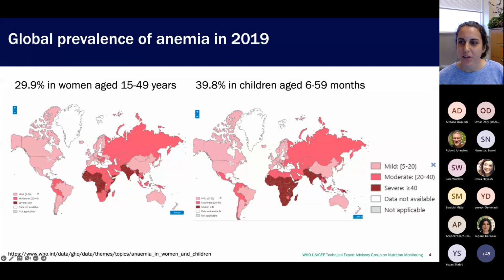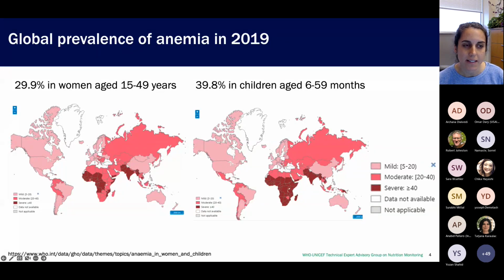Okay, all right, so I was tasked with giving a bit of an introduction to the measurement of hemoglobin and the diagnosis of anemia. So I wanted to start off by just saying that we know that the global prevalence of anemia is high. These data shown here on the maps are from the WHO Global Health Observatory.